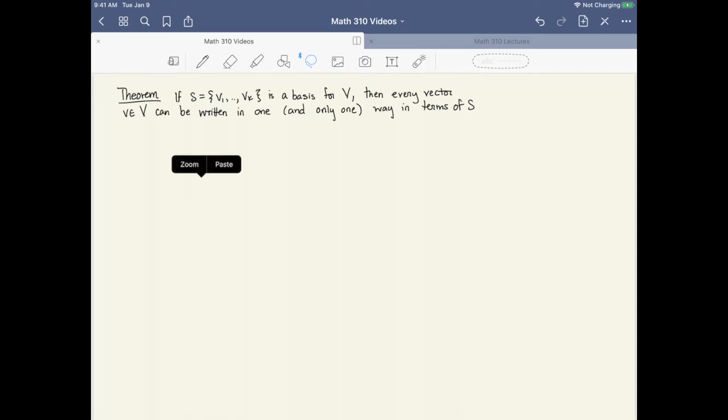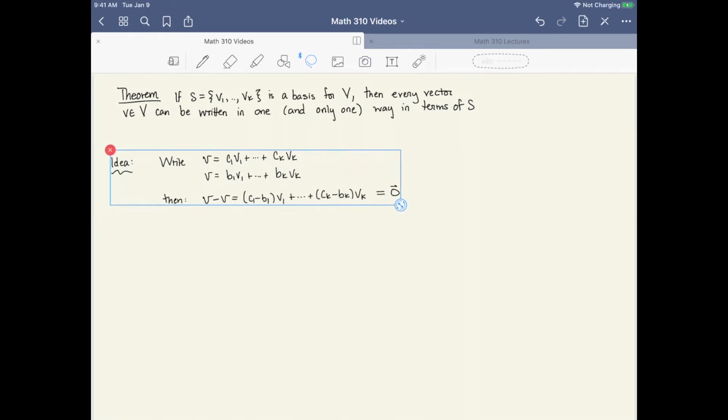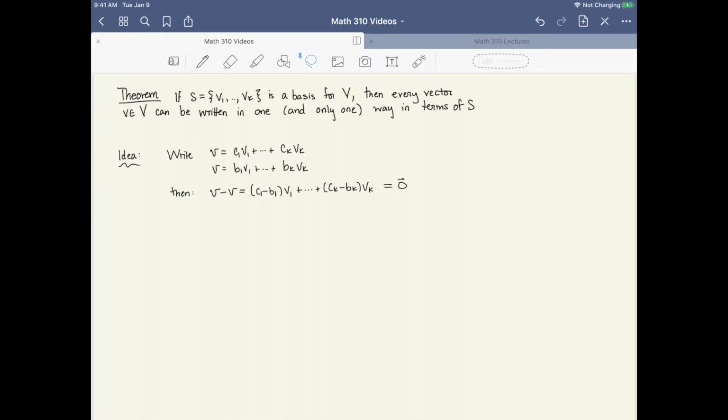So let's assume for a contradiction that the expression in terms of some basis is not unique. That would mean if you got some sort of vector v, you can write it as one linear combination in terms of v1 through vk, and then a different linear combination. The v1 through vk's are the same, but it's the coefficients that would be arranged differently.